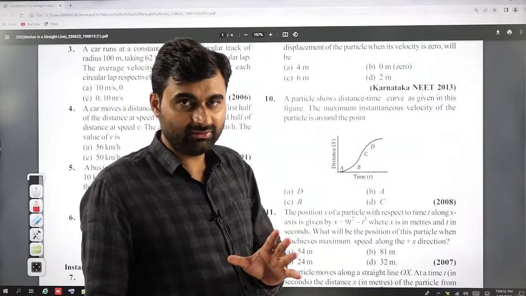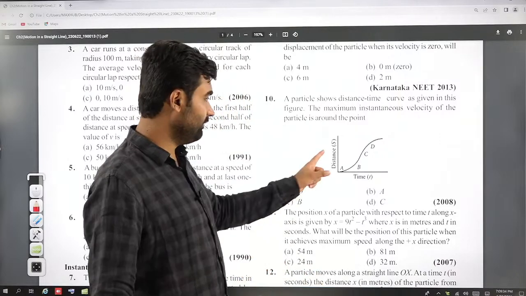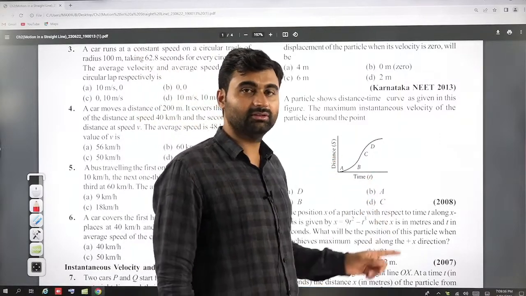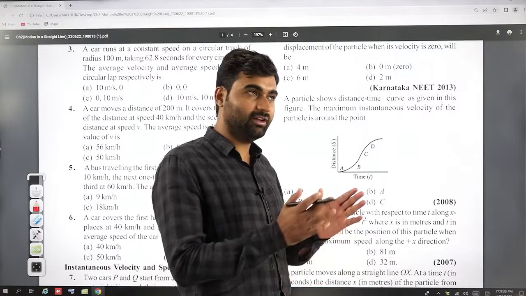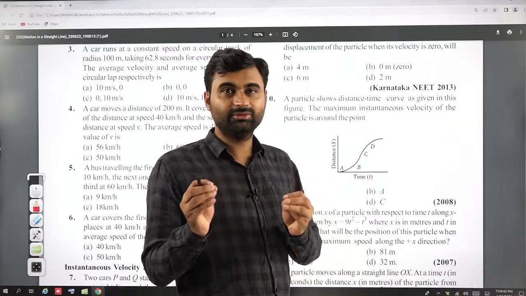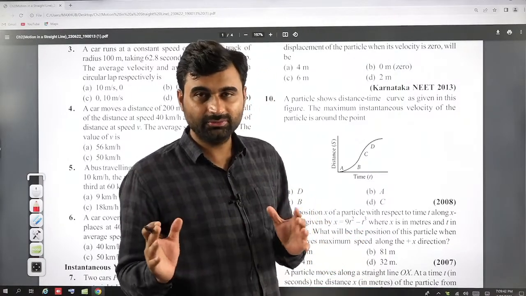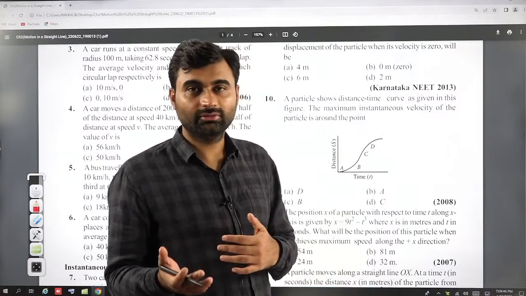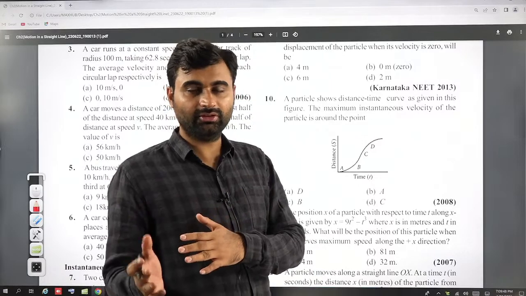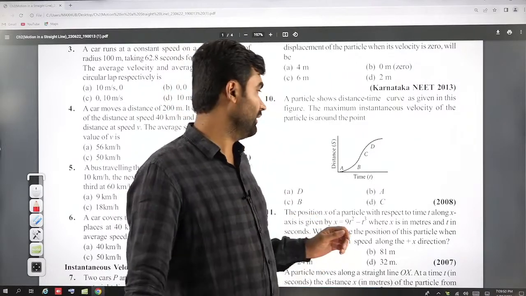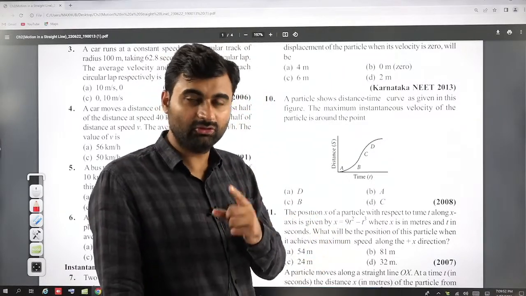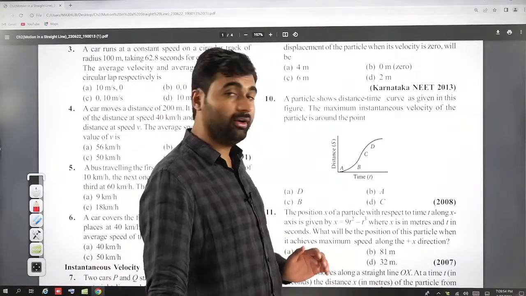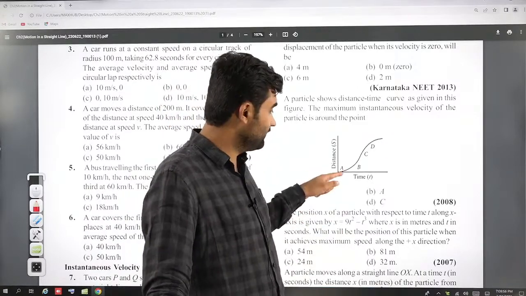So that was discussed by me, that if a distance time graph or displacement time graph is given, the slope of that graph will give you speed or velocity. Magnitude of velocity is speed, right? And what is slope? That also we discussed. You have to check how steep the graph is.